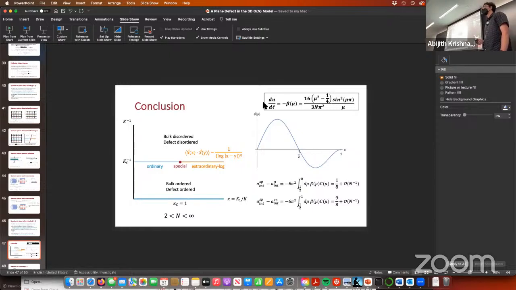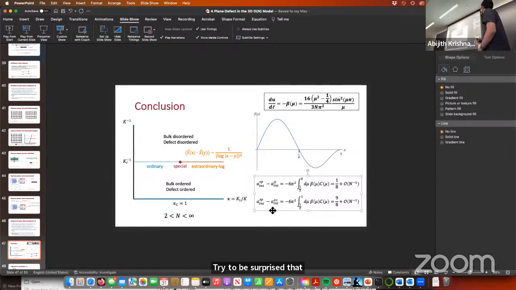Should I be surprised that the difference between these two central charges is exactly an integer? What this is telling you is that the extraordinary log relative to the ordinary is smaller than ordinary, right?